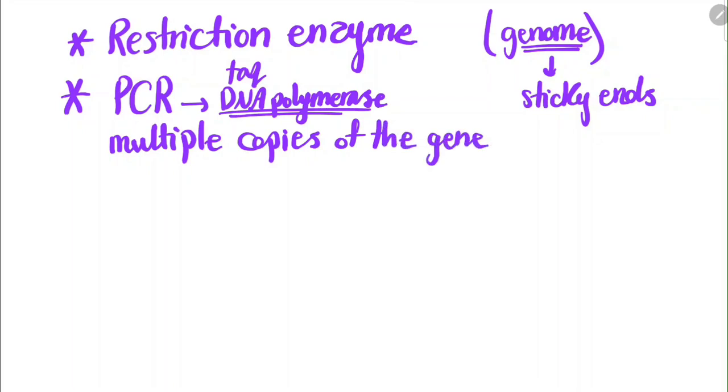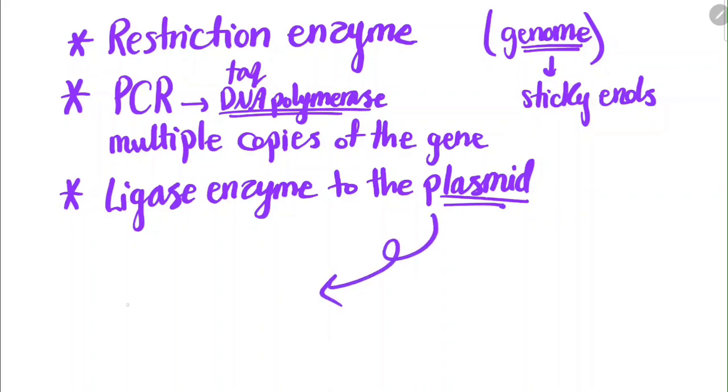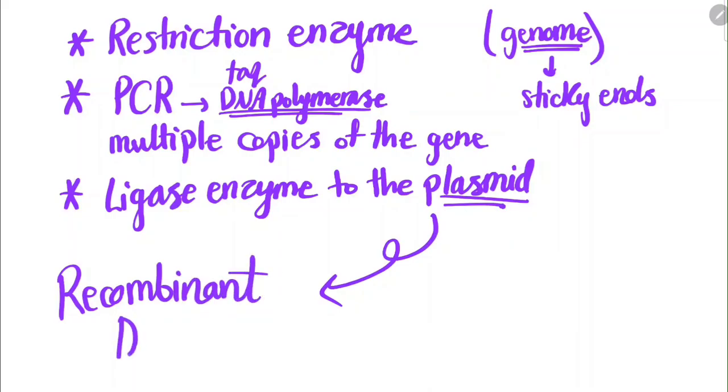Multiple copies are then produced. These copies will be joined by ligase enzyme to the plasmid, forming something called recombinant DNA, or recombinant plasmid.